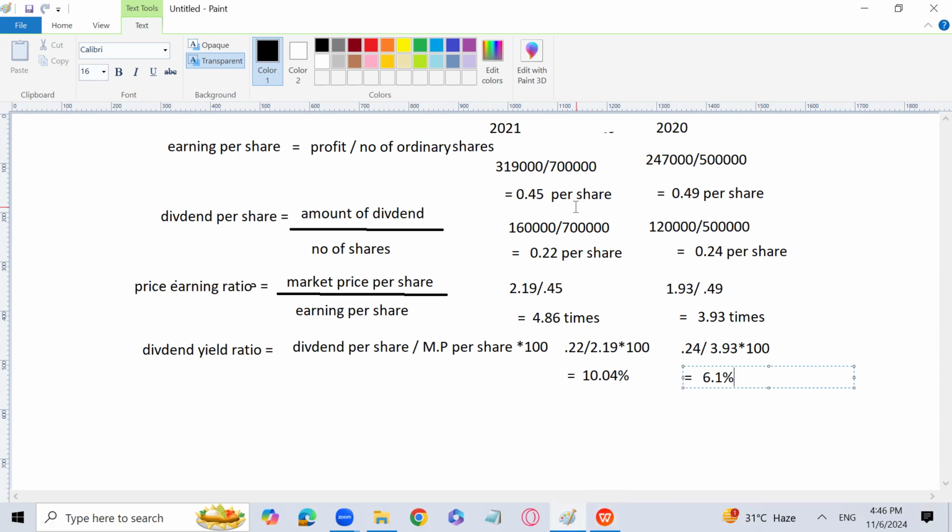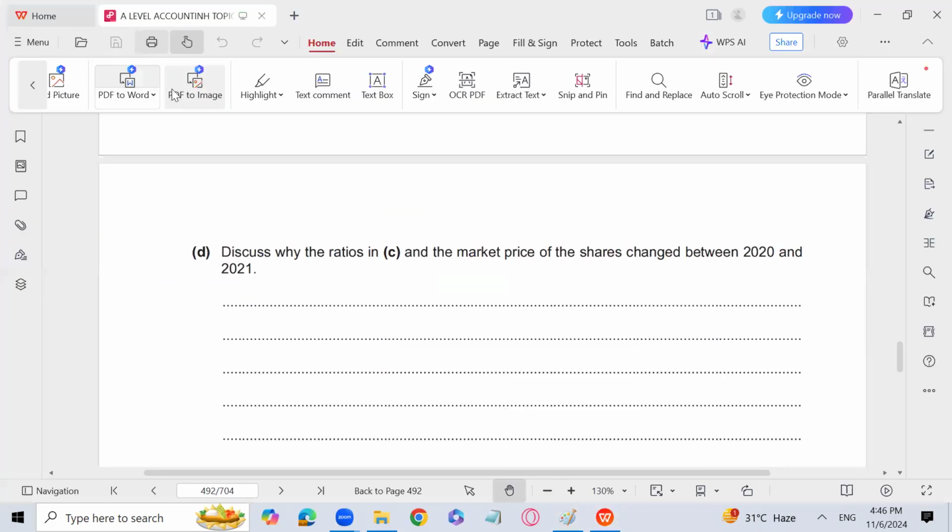It shows the progress of the business. That's where investor confidence has increased and they are purchasing more shares and the market price of the share is increasing. But now the profits are going to be divided into a greater number of shares. That's why earnings per share and dividend per share have gone down. Okay. But dividend yield has been increasing because each dollar invested is giving you more dividend. So this is how we have solved the question.